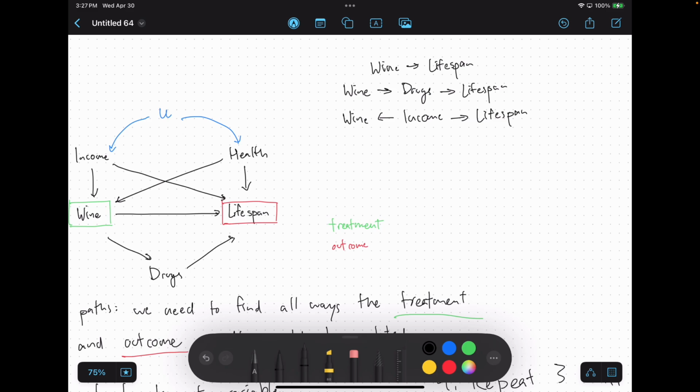We can go from wine, income, to our latent variable, to health, to lifespan. Wine, income, health, lifespan. We can do wine through health, through lifespan.